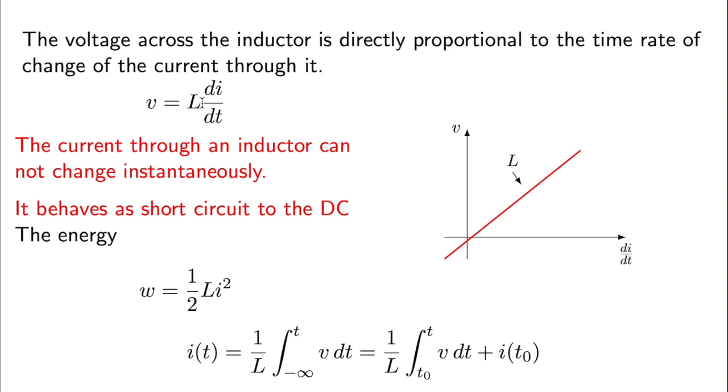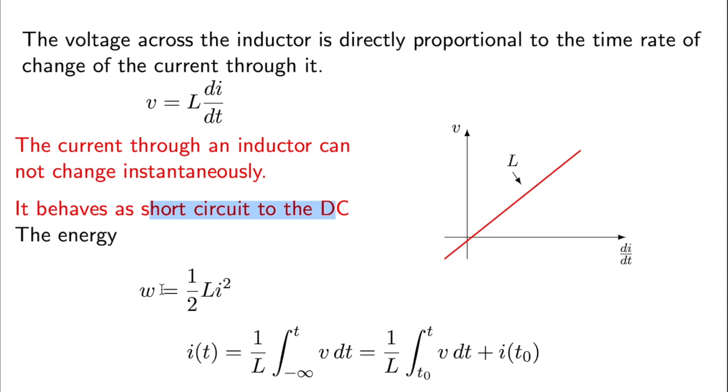If you look at the right hand side expression di upon dt, for DC di upon dt will be 0, resulting in V equal to 0. So that suggests that for DC it is working as a short circuit.